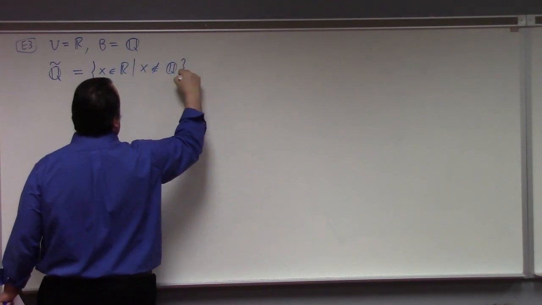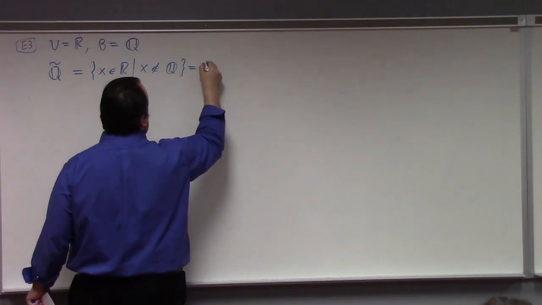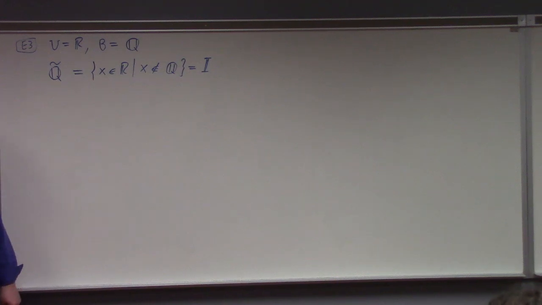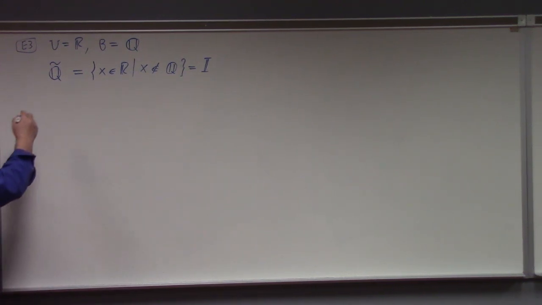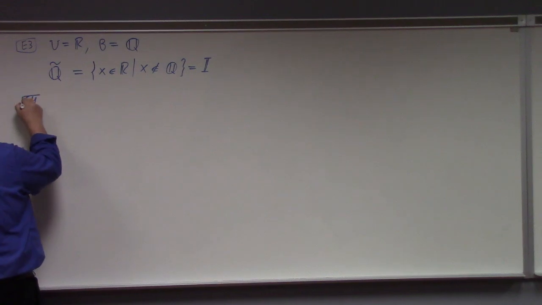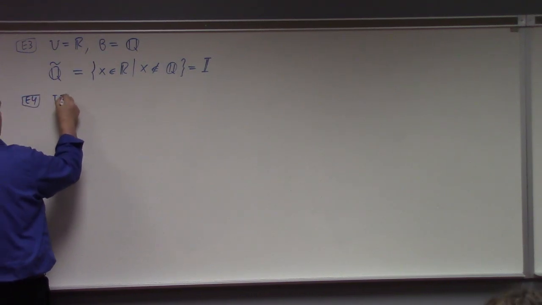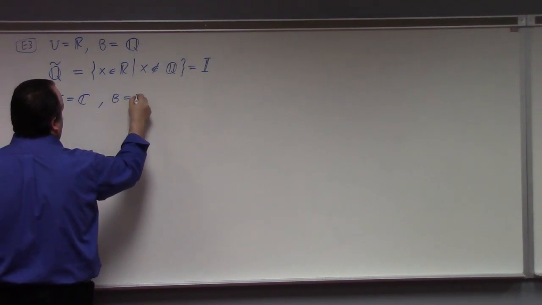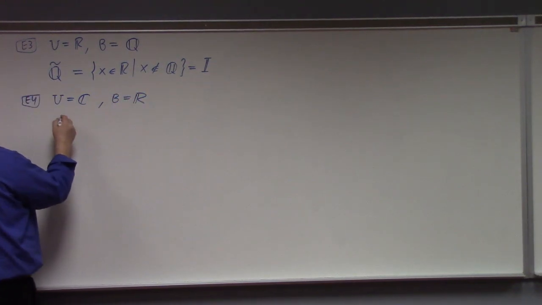There doesn't seem to be a well agreed upon notation for the irrationals. Let's see here, example 4: what if I say U is the complex numbers, and I look at the complement of the real numbers? What would that look like?